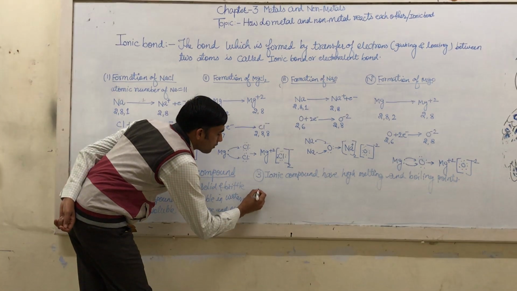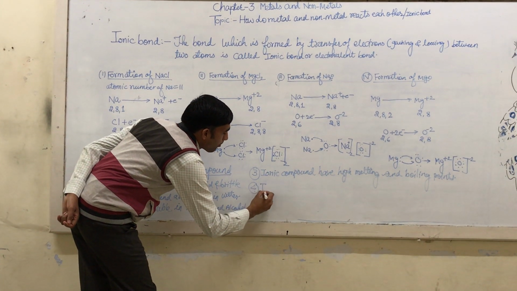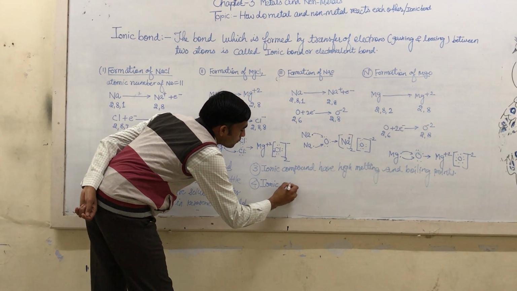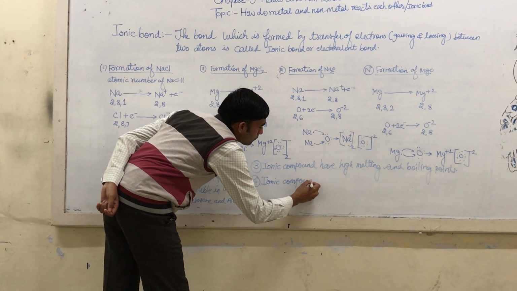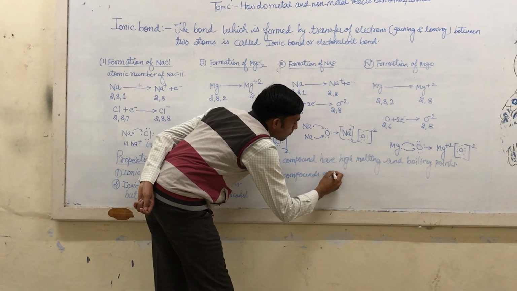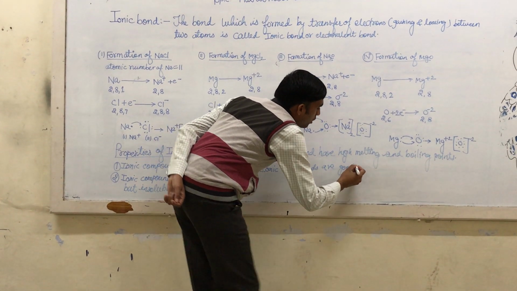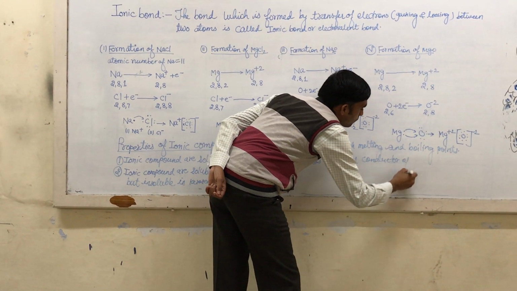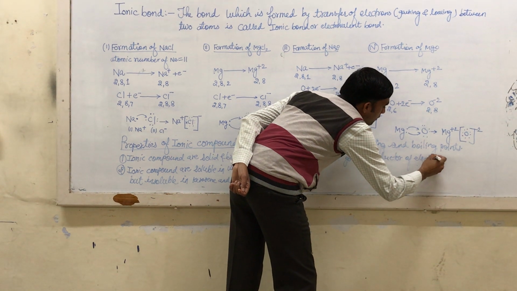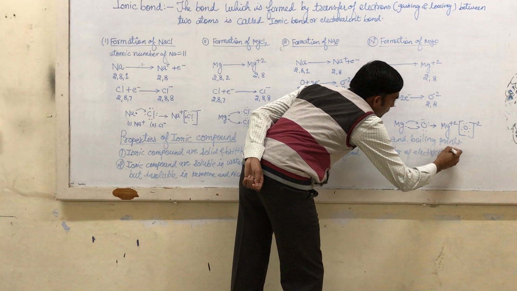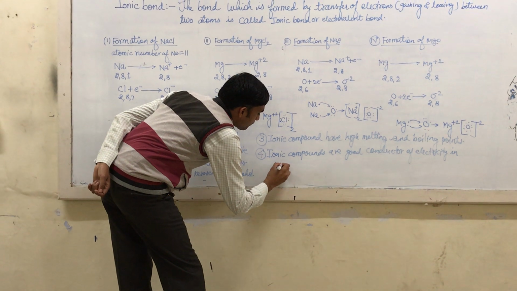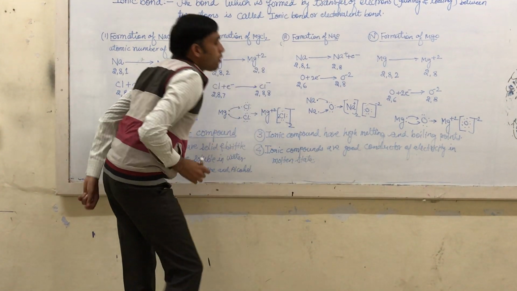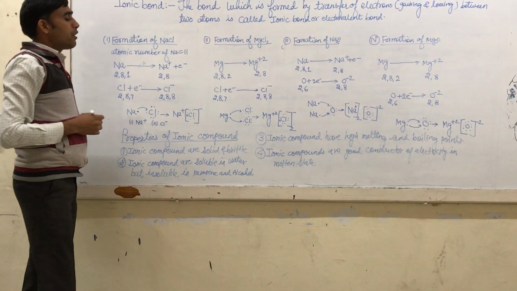And the next point is ionic compounds are good conductors of electricity in molten state, but they are poor conductors in solid state.